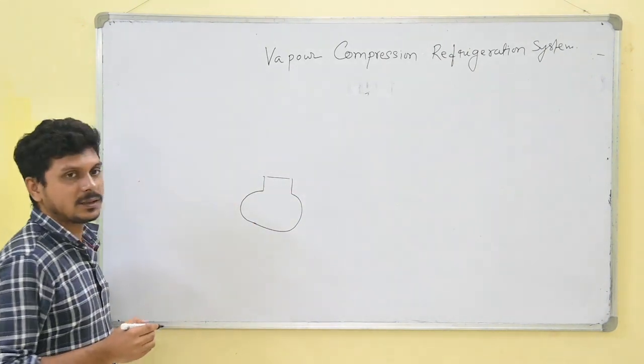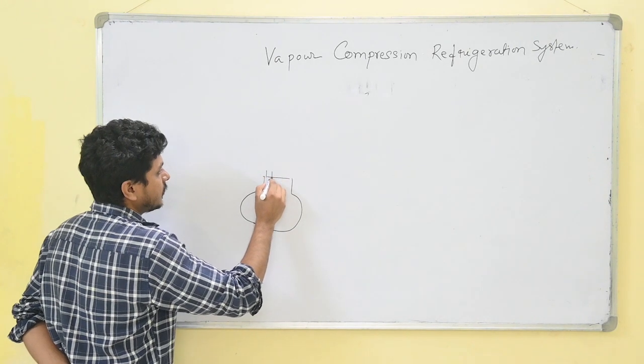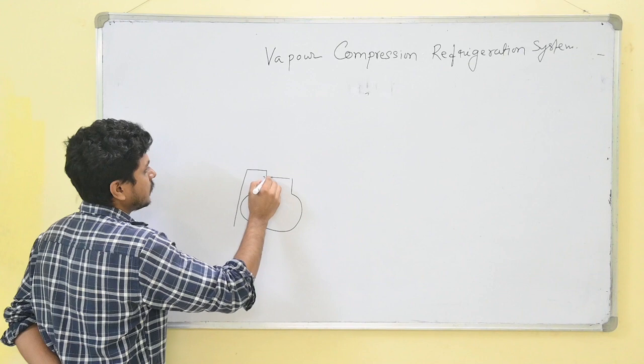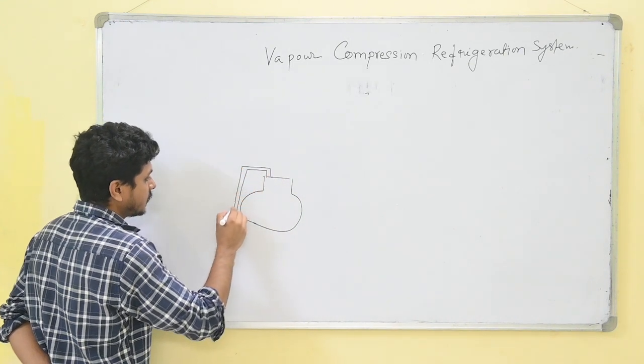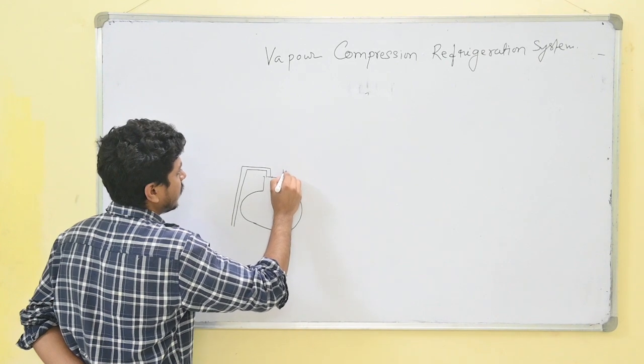The compressor has two ports: first, the inlet port, and the second, the outlet port.